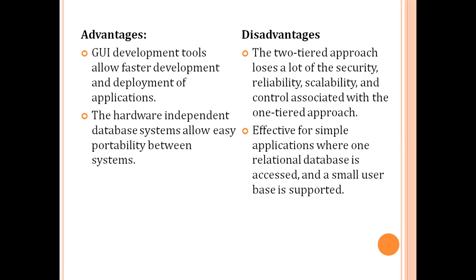But the disadvantage is that in two-tier architecture, there will be a security problem and a scalability problem. For example, if the client crashes, again we can redesign it in less time and load it. But if the server crashes, the server contains the business logic as well as the database part. So at a time we will lose the database part as well as the business logic.